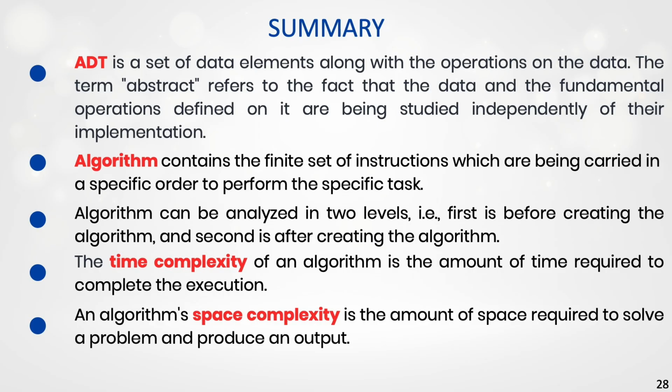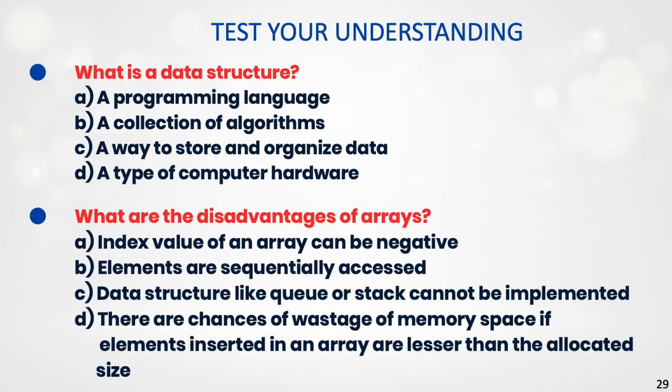And at the end we will be analyzing the algorithms at two levels. One, we could do a prior analysis or we could do a posterior analysis. And when we measure the complexity of the algorithm, we express algorithm's complexity in terms of time and space, and both of them are expressed as big O notations.